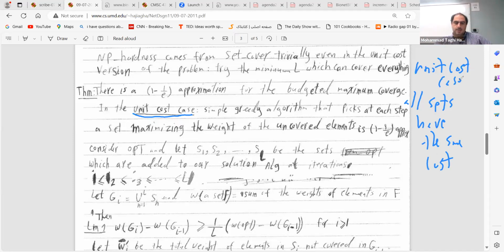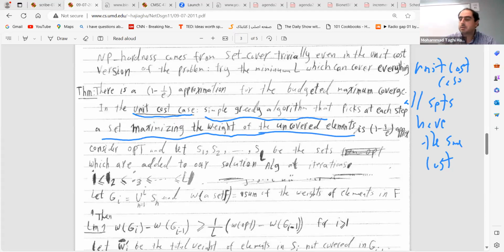We assume that all the weights of the elements are one, but the cost of each set would be one. So you want to select K sets essentially to maximize the weight of covered elements.